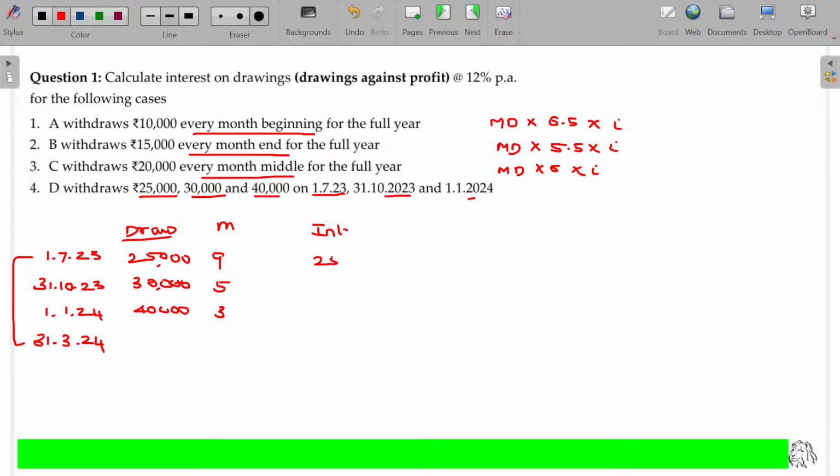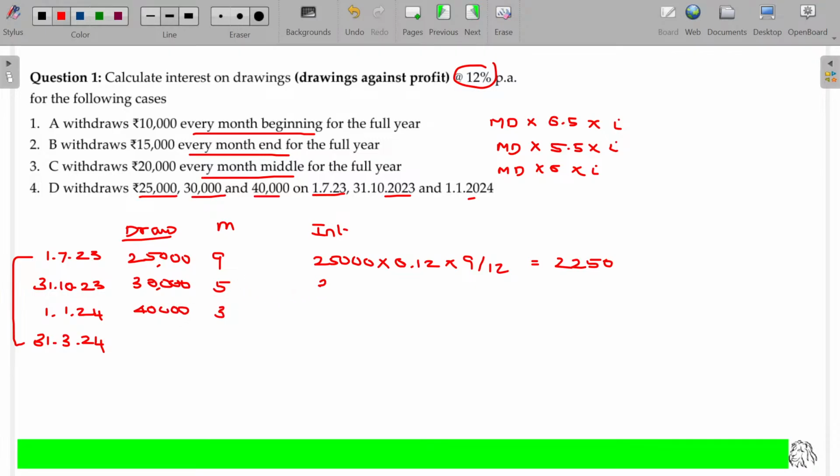How? 25,000, applicable rate of interest being 0.12 per annum, eligible for only 9 months, 9 by 12. This is called direct method. Come on, tell me the value. How much? 25,000, 1% is 250, 9 months, 2,000, okay, 2,250.